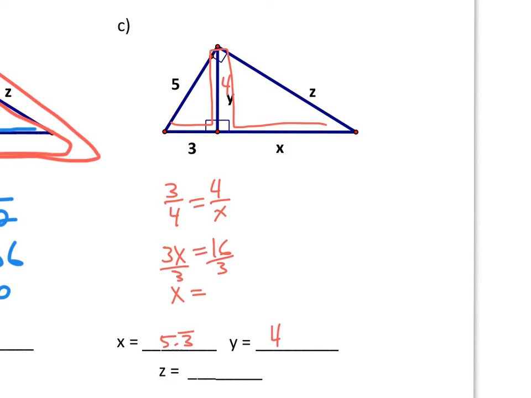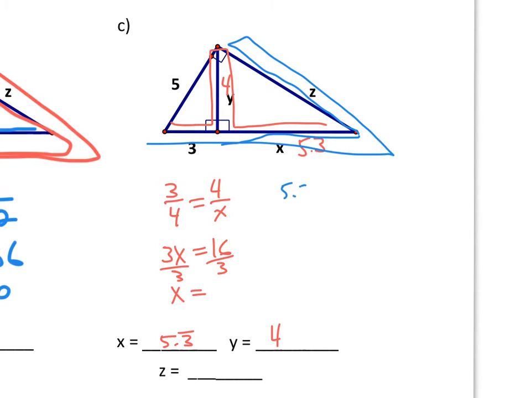Then getting z, so if x is 5.3 repeating, then we could get z. We could either use the Pythagorean theorem, or we could use the proportions that say that medium to long is medium to long. So if we do it that way, we would get 5.3 to z is equal to z over 8.3 repeating.